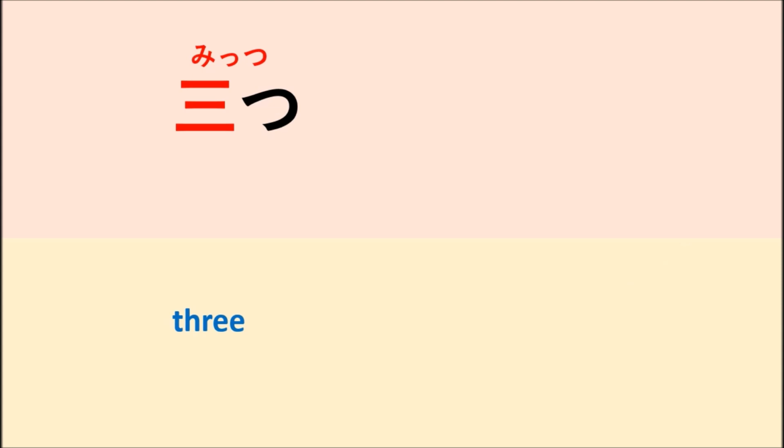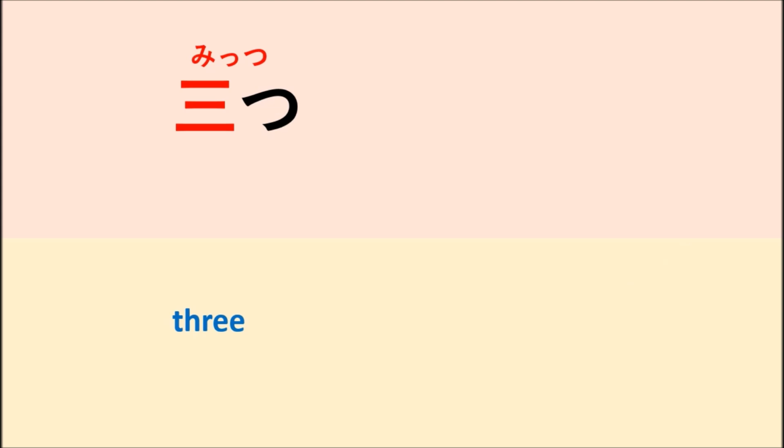3つ means 3, or 3 things. That means when you want to count something, if you just say sang, it means 3, but you want to count something when you don't know the counter you need.